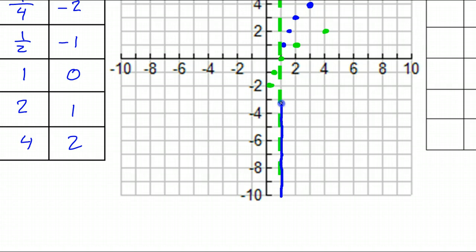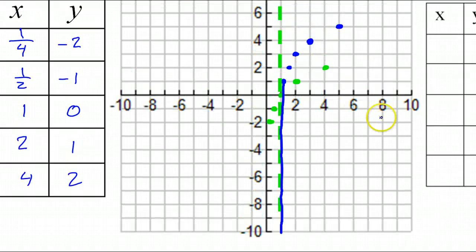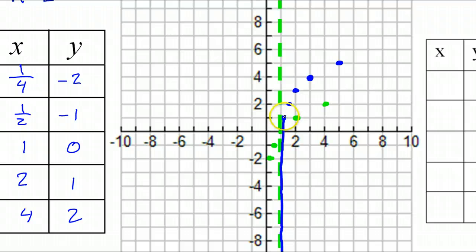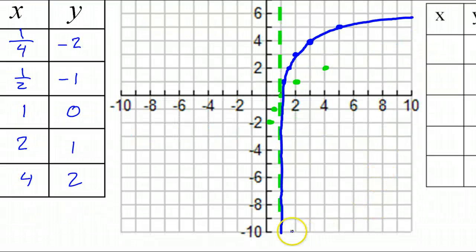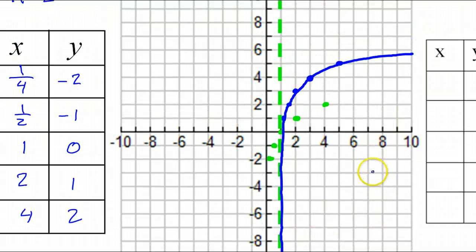But in your mind, just know that the curve never really touches the asymptote. It just gets closer and closer, but never actually touches it. Okay, so your graph should look very much like that. Make sure your graph goes all the way to the edges of the grid.